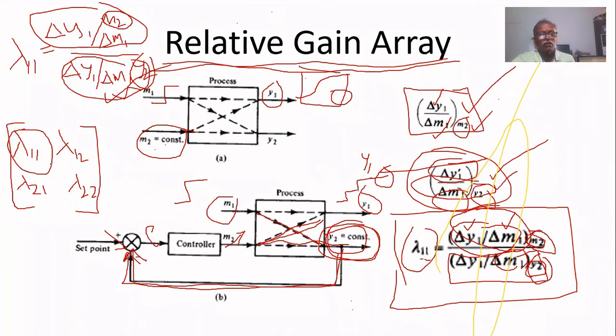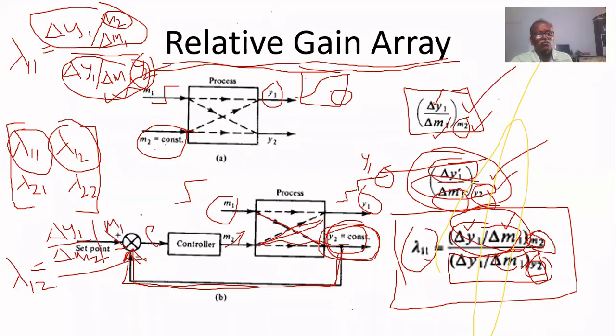Now how to find lambda 1 2? Lambda 1 2 equals the change in y1 with respect to change in m2, keeping m1 constant.